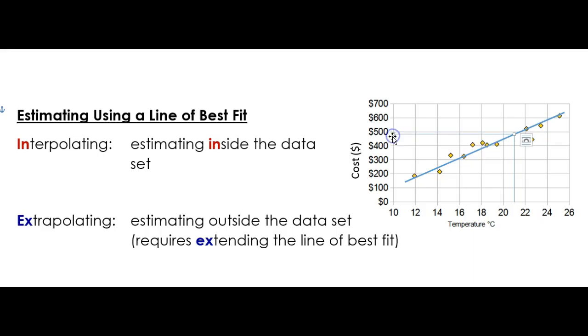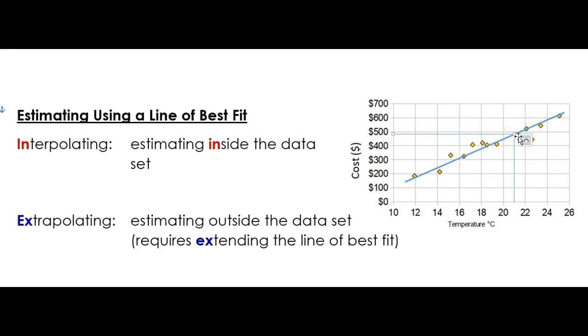Well, if I follow that right across, it looks to me like I'm between $400 and $500. And if I had better grid lines, I could estimate a little bit more closely. So if I had to make a guess, well, what would be a good guess? Probably somewhere around $490 for the week. That may be what I want to charge in that case. And so with that line of best fit, I've interpolated because I've looked at within the data set to make an estimation.